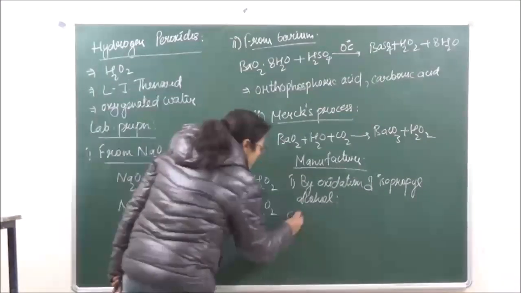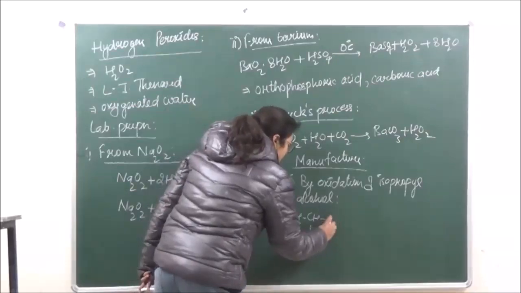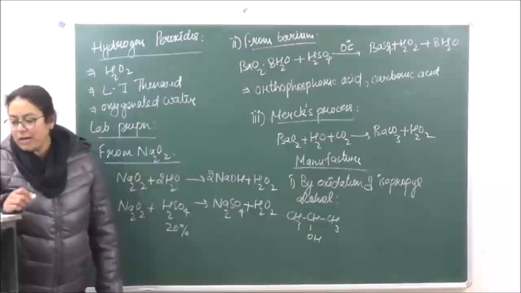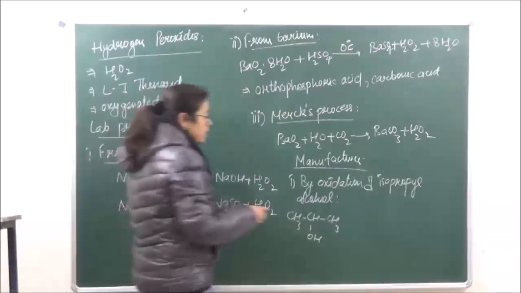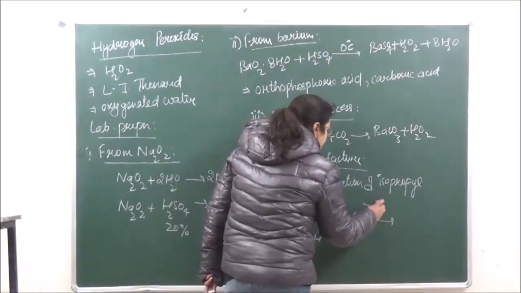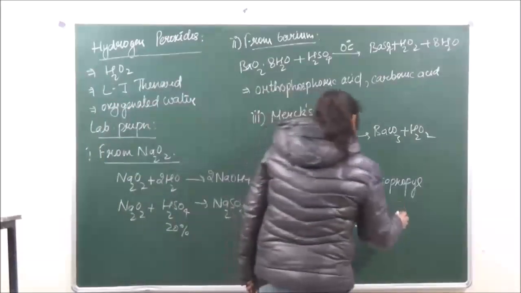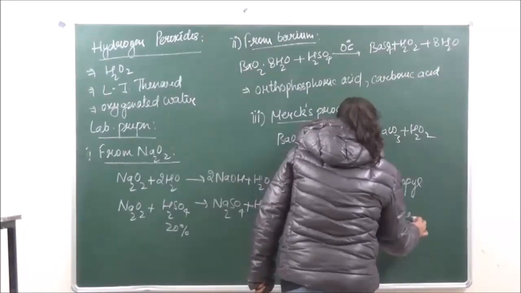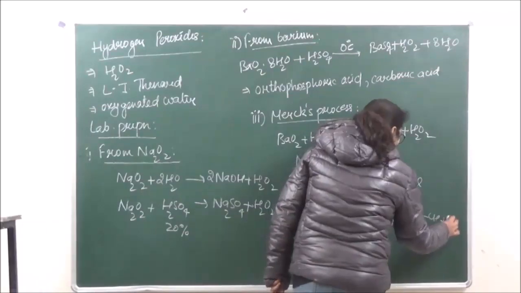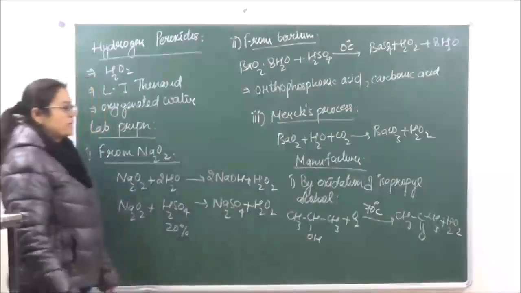So we have over here isopropyl alcohol, okay, this is the formula for isopropyl alcohol, and over here we are going to oxidize it at 70 degrees Celsius, when we are going to get acetone plus hydrogen peroxide.